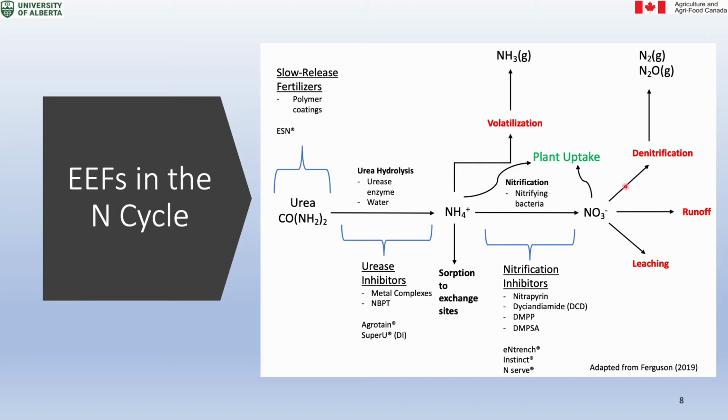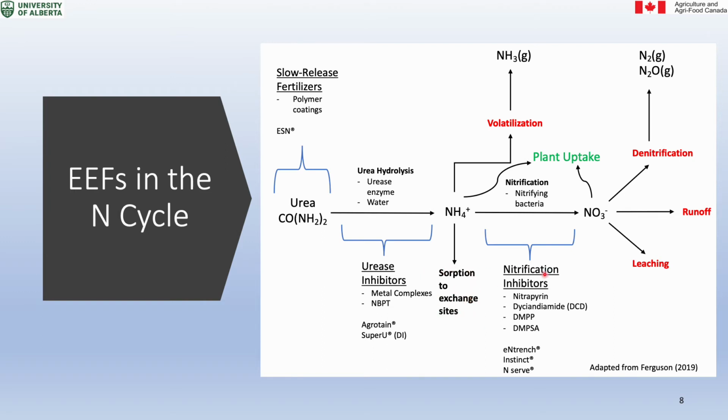denitrification. So slow release fertilizers are designed to slow down this entire process, where soluble nitrogen released from the granules will better match the demand of the crop and be taken up quickly. Urease inhibitors are designed to slow the process of urea hydrolysis, which affords the fertilizer granules a larger time to be incorporated into the soil and broken down to ammonium cations, which can be adsorbed to exchangeable sites in the soil.